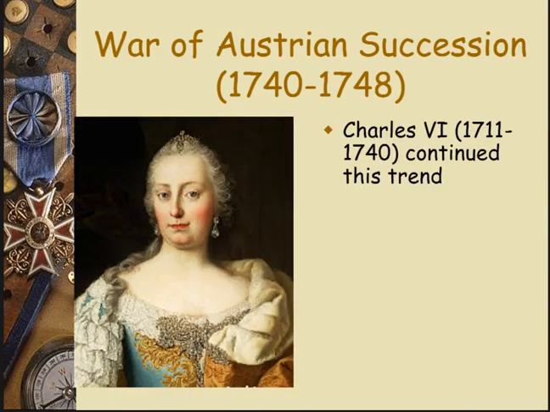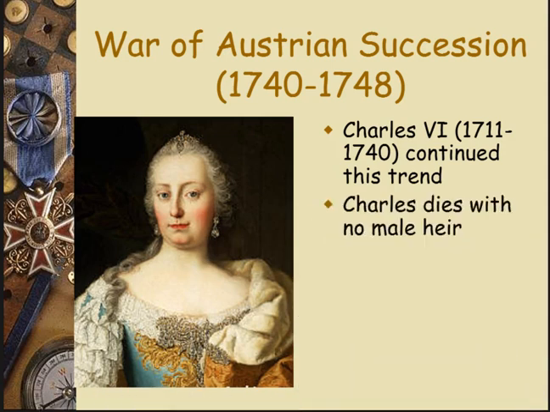Now, we were talking about, you were asking about women rulers, right? Here's an example of a woman being a ruler that actually ends up leading the war. So let's try to explain it quickly. It's called the War of Austrian Succession.